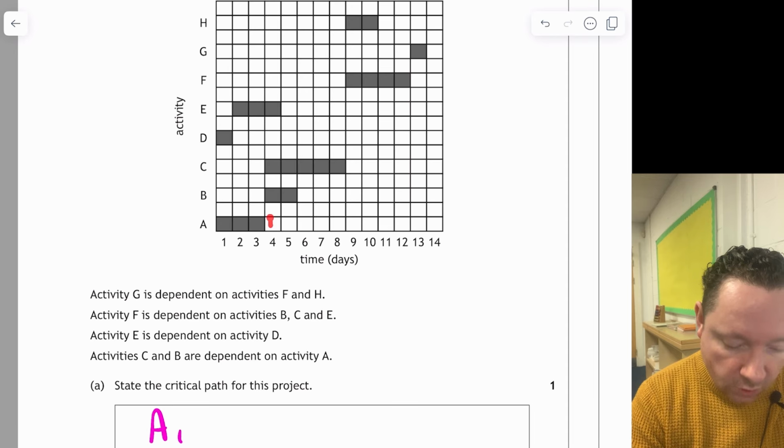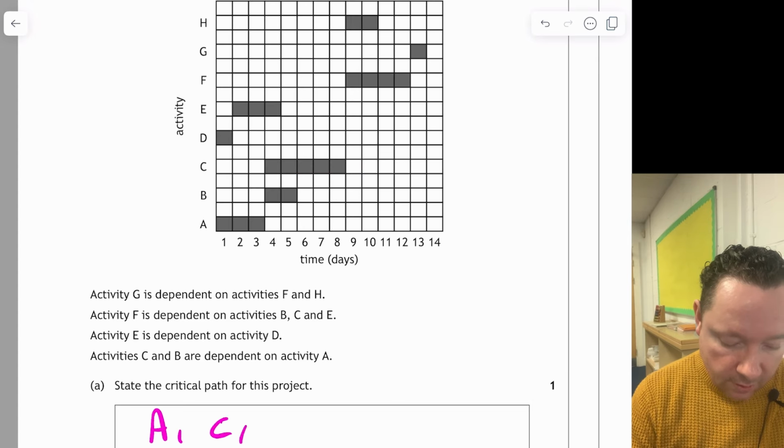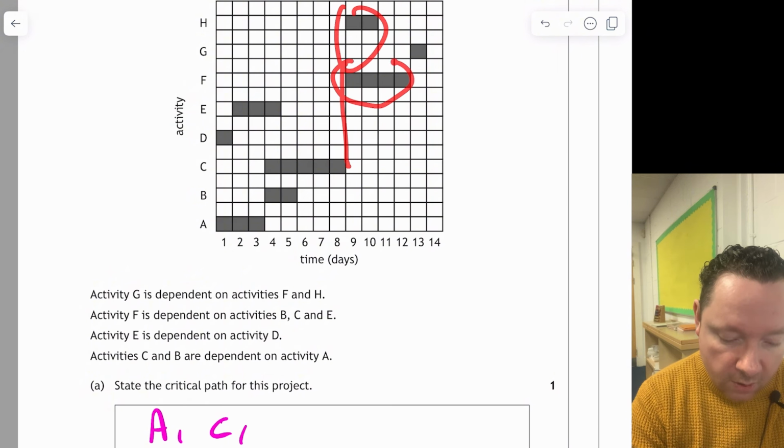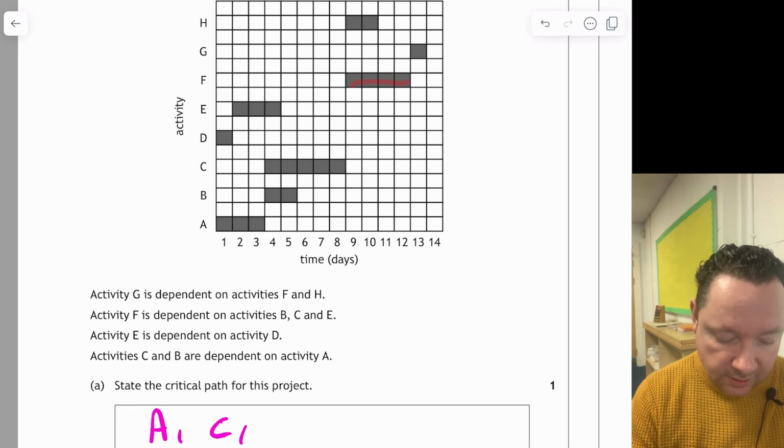I'm now moving on to the next activity that I can do, which is either B or C. But B only lasts 2, C lasts a lot longer, so it's C. Now after C, I'm at here, moving up my Gantt chart, I can see I've got 2 activities that I could choose from, but that stops before this one ends. So I need to finish this one first before I move on. So that's F. And then clearly after F, there's only one activity left, which is G.